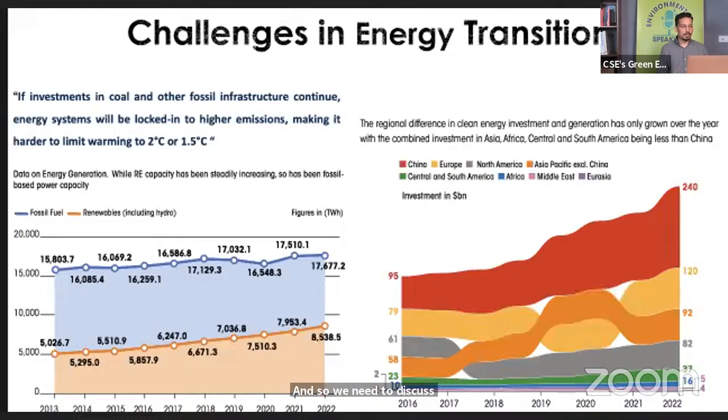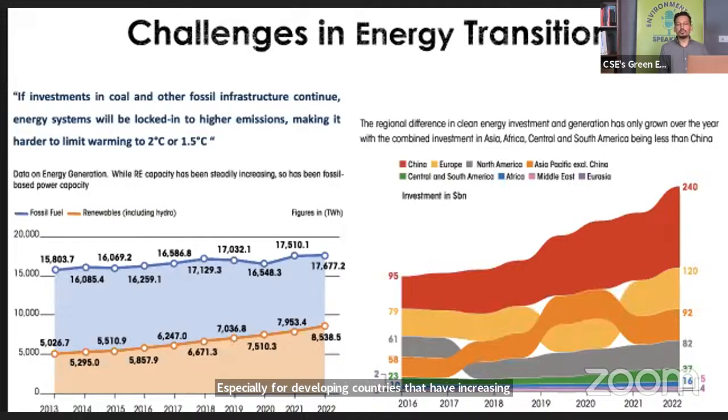For example, if you see in energy transition, shifting away from fossil fuel-based energy to renewable energy, we have certain barriers. For one, energy demand and emission both are rising, especially for developing countries that have increasing needs like India.